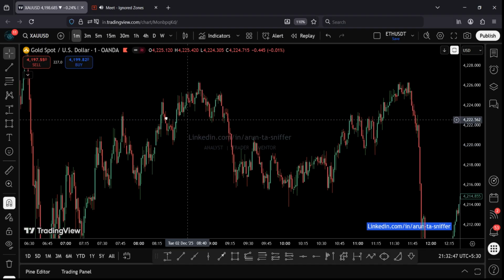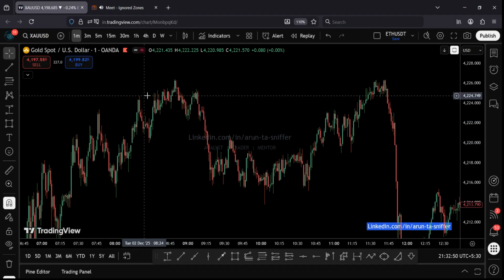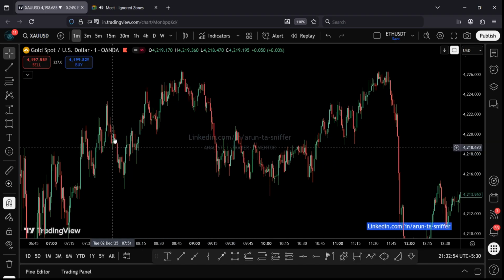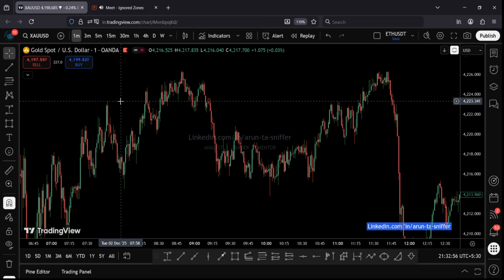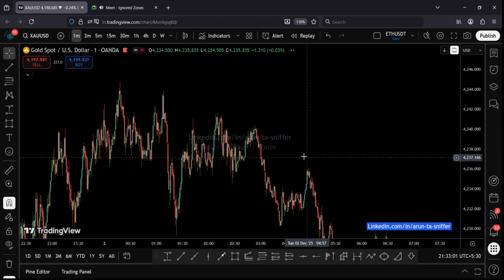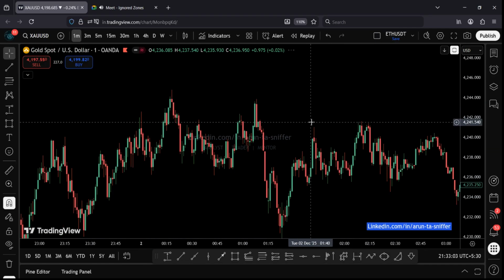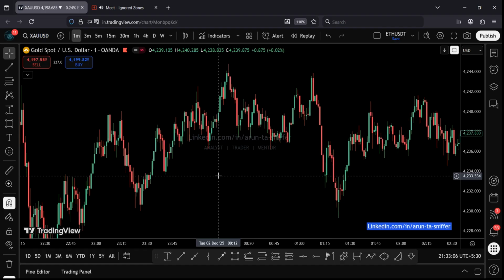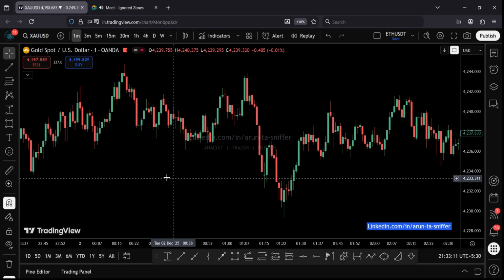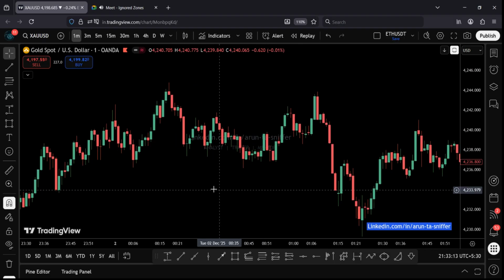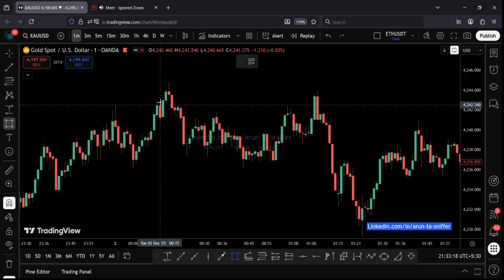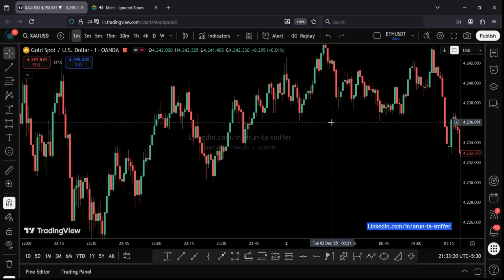And this is the same situation when this happens. Let's find some more examples. Yes, look at here. This high. This is not clear.